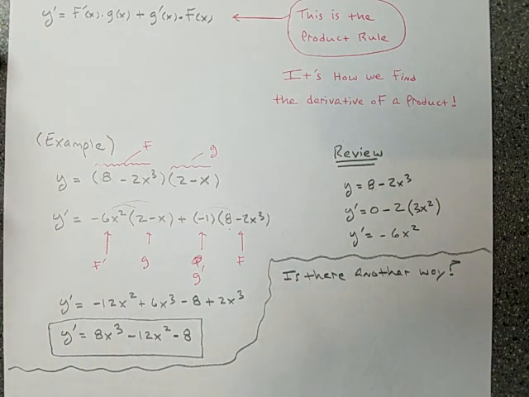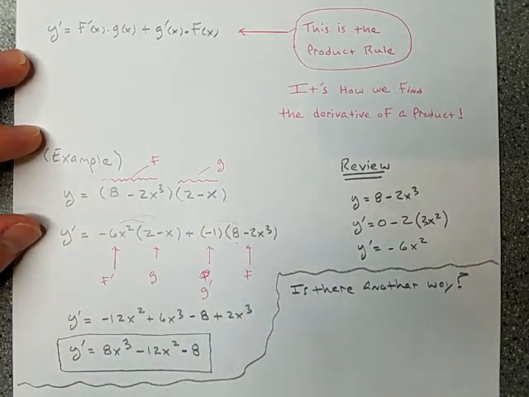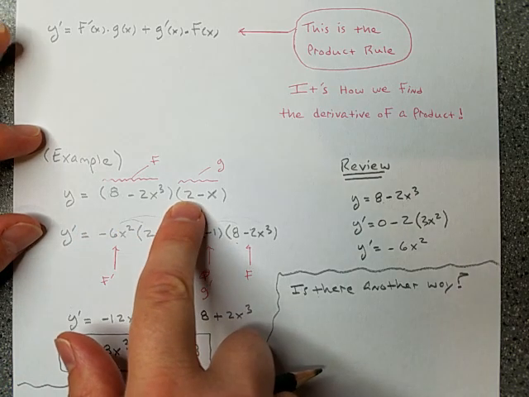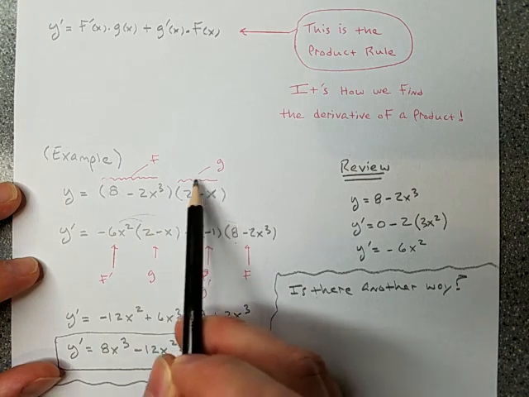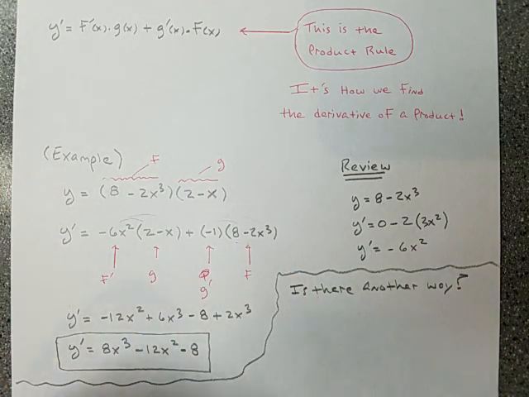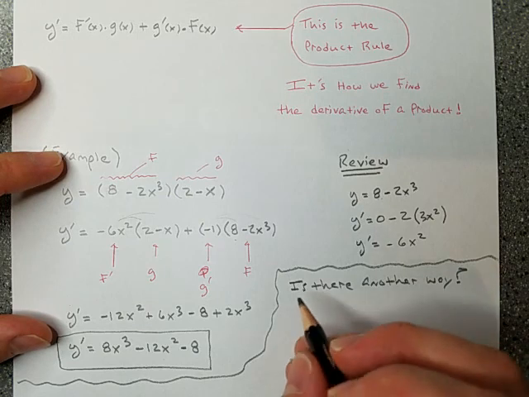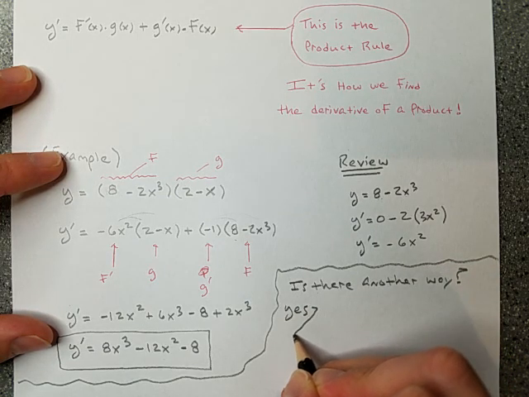Now the truth is, before we learn the product rule, I've showed you problems like this, okay? And we didn't know the product rule yet, so I told you, well, here's what we need to do. We need to multiply all this out into distinct terms and take the derivative of each term according to the rules, okay? So I'll say this. Yes, there is another way to do it, okay?